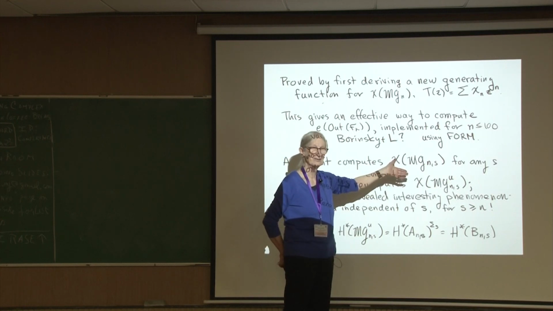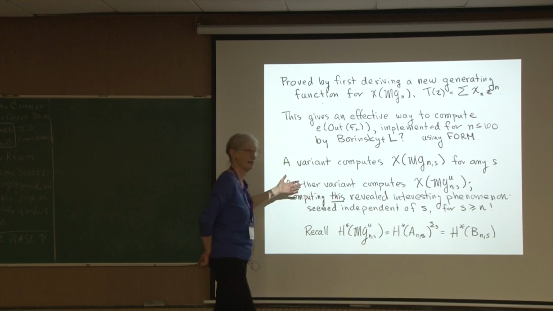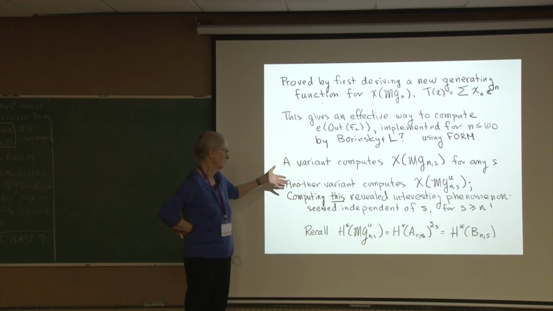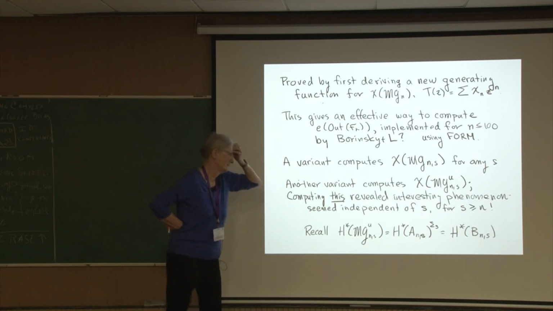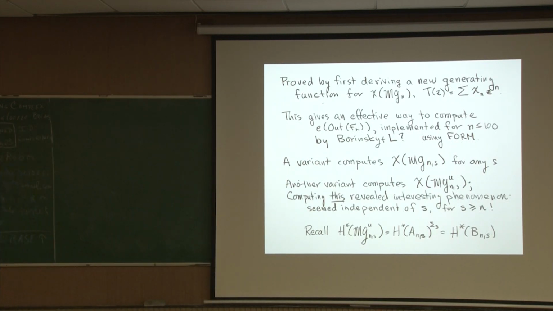But the braid group, it doesn't depend on s. And so that was the conjecture, that not only the Euler characteristic, but in fact the entire cohomology is independent of s, if s is bigger than the genus of the graph, the rank of the graph. And they proved it.